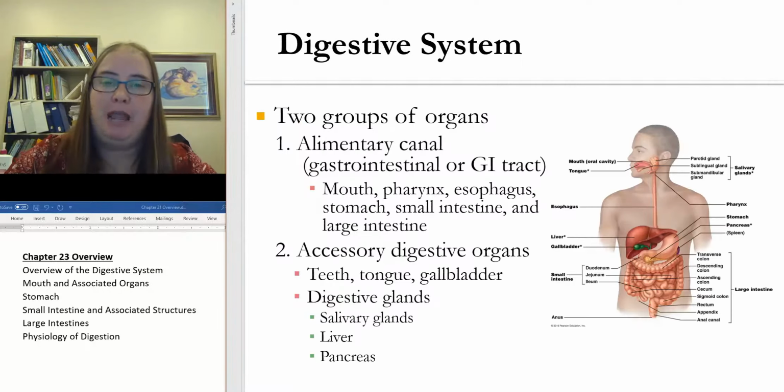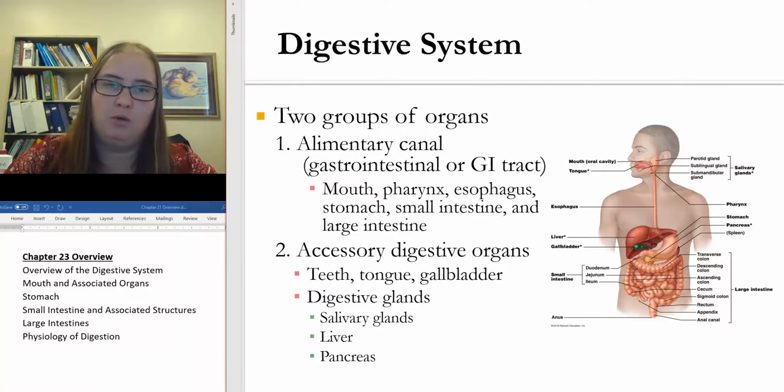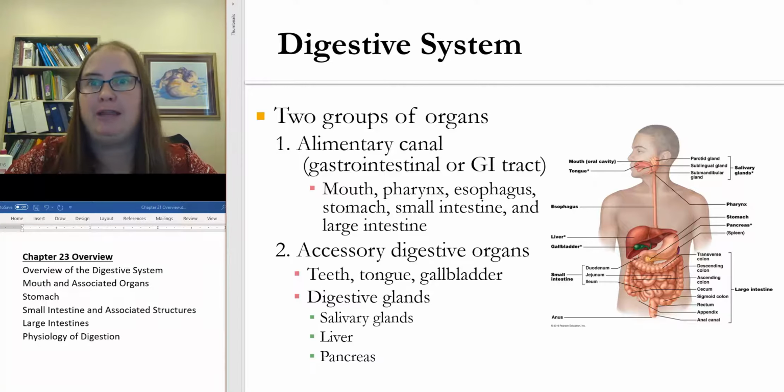When we look at the digestive system, it can actually be broken down into two groups of organs: the alimentary canal, which is often referred to as the GI tract or gastrointestinal tract. What it includes is the tubular structure from mouth to essentially anus. So for example, you have your mouth, your pharynx, and your esophagus.